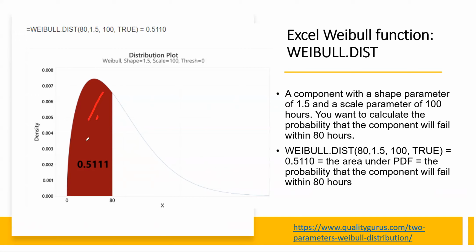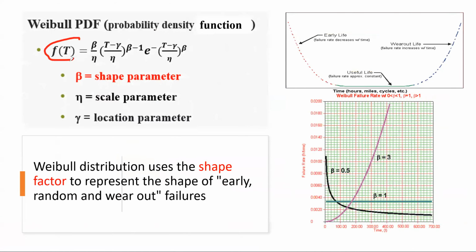The area under the PDF is the probability. So just be careful and don't get yourself confused. This is not probability. It's called a probability density function, but it's not probability itself. The probability comes from the integration of these formulations.